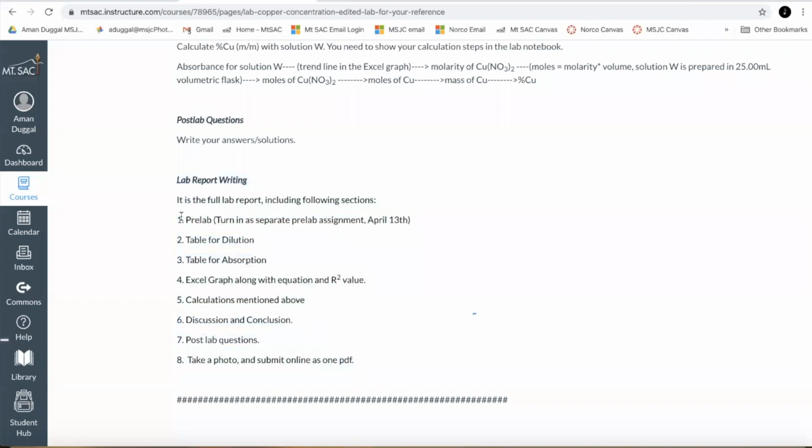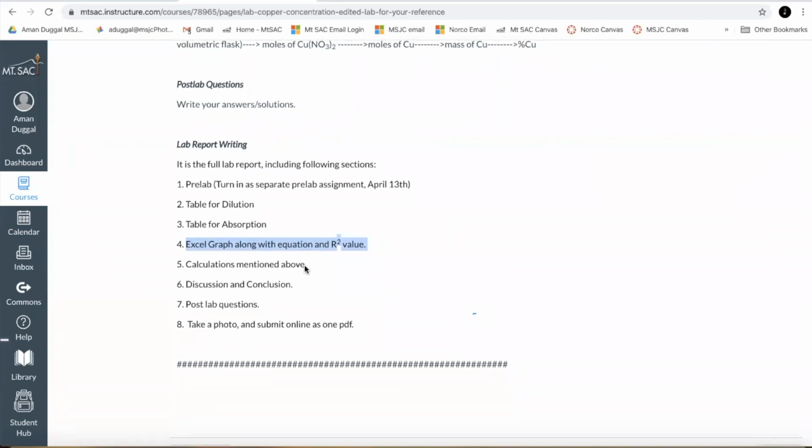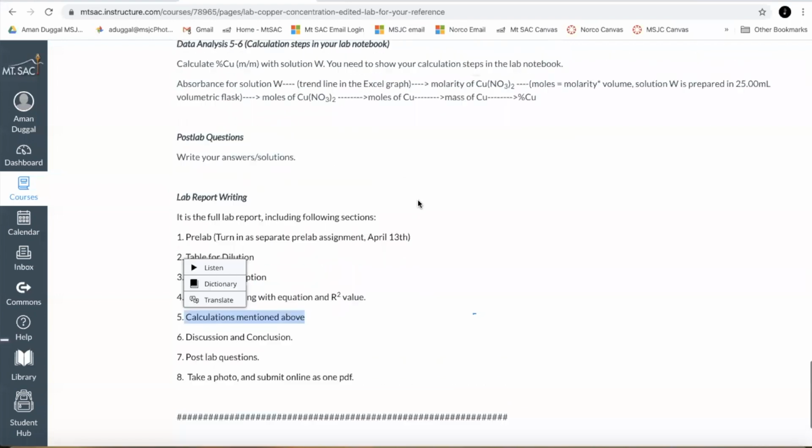So you already did the pre-lab, so you are already done with this first step. Then you have your table for dilution, which I believe you already did. And then you have your table for absorption. This is a table which is given to you. After this, you will make the graph, then attach it in the lab report that you're going to turn in. Then you are going to show all the calculations. Calculations are shown here.